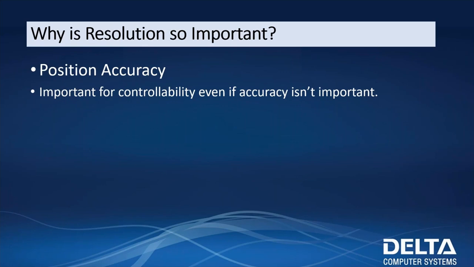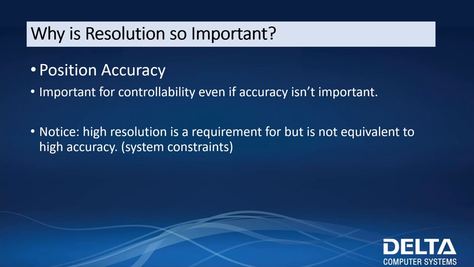Well, in some cases you may get away with that, but in other instances, let's say you have a system that's just difficult to control, that lack of good feedback is going to come back to bite you. It makes it so much easier to tune up a system and control a system when you have good feedback. And we're going to dig into this more as we continue on. But just remember, it's important to have good feedback and high resolution, even if you don't need high accuracy in your application.